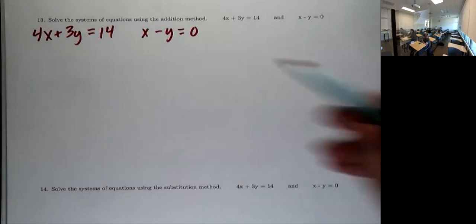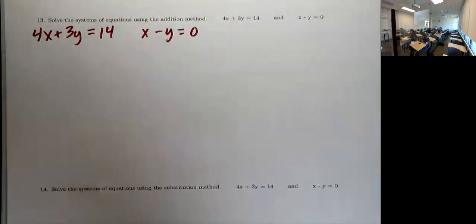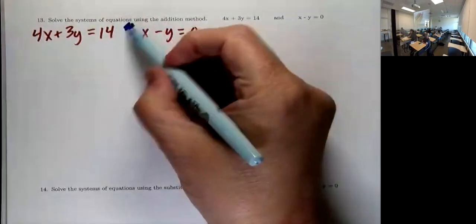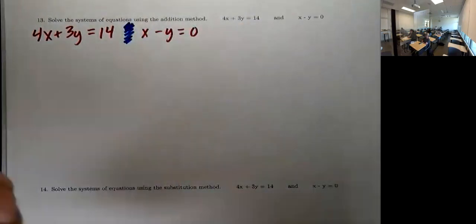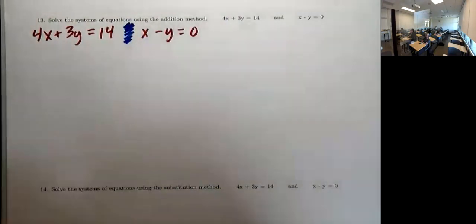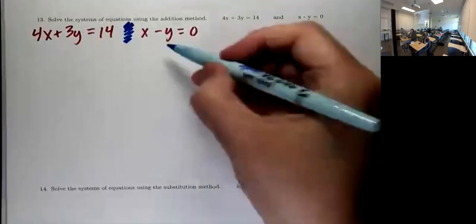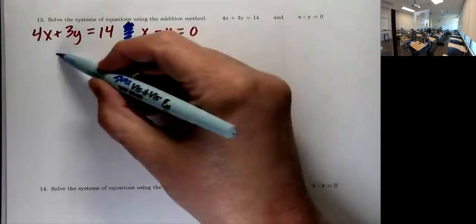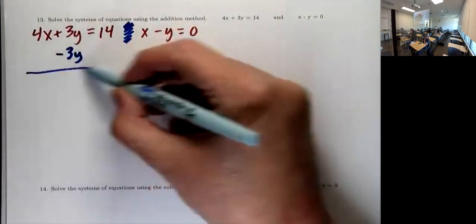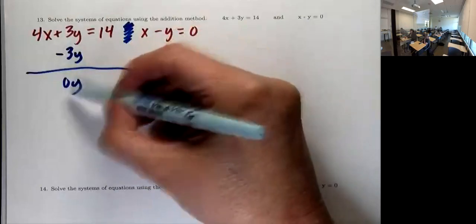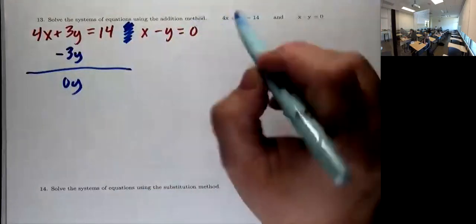To use the addition method, I need to get coefficients of one of the letters that is equal and opposite. I have a negative y here. If I make this a negative 3y, when I add them together, I'm going to have 0y.